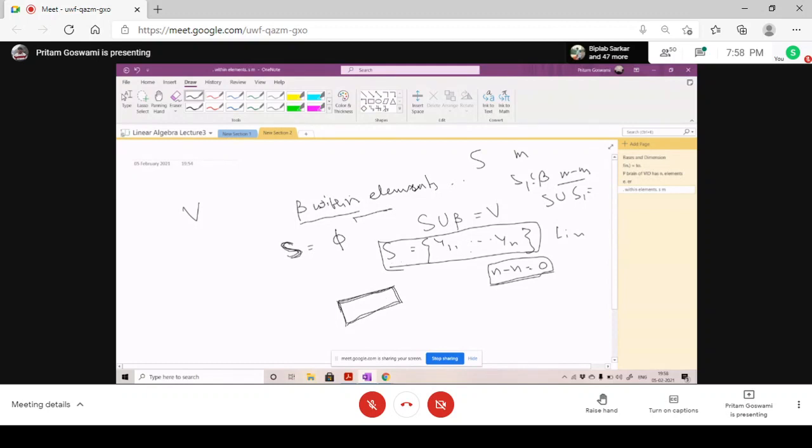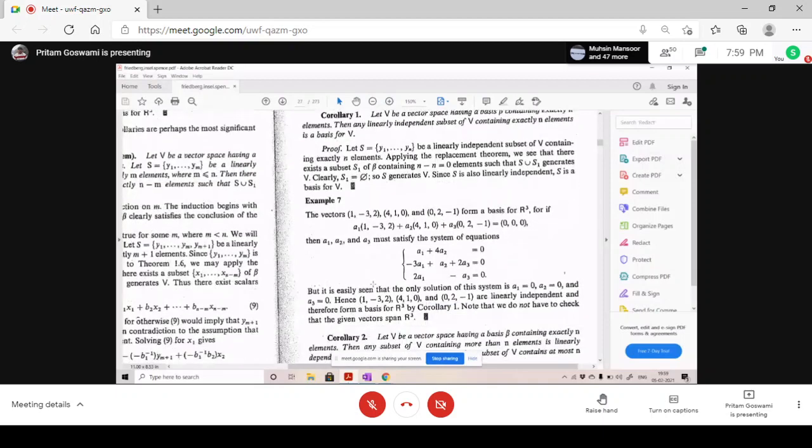Also they are linearly independent by the assumption of the corollary. So S is linearly independent and spanning the whole V. So S is the basis, obvious by definition. So if a basis has n elements, then any linearly independent set with n elements is a basis. Clear?